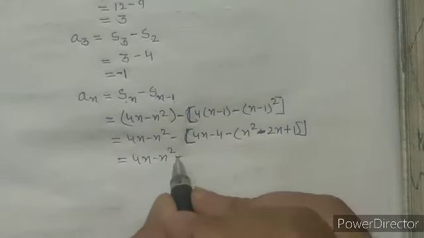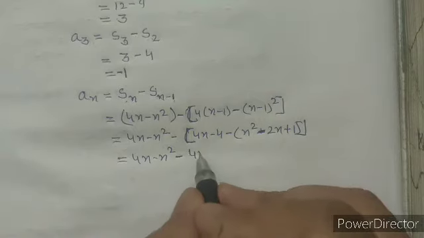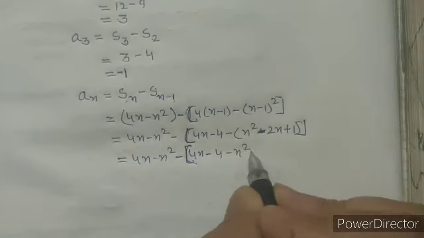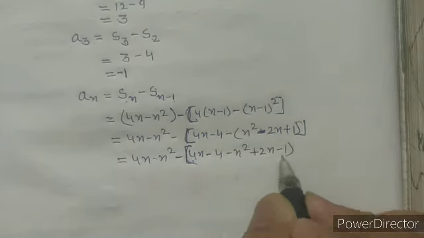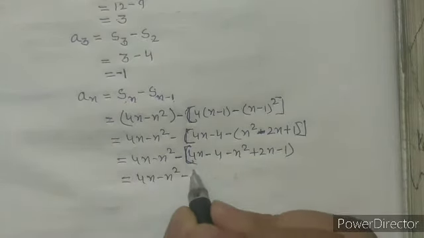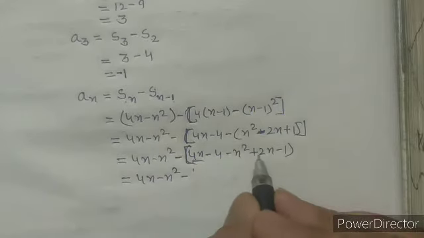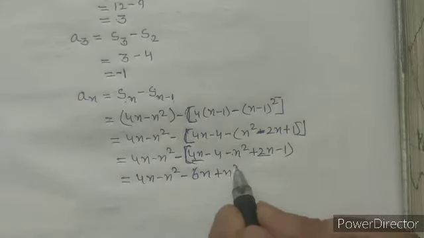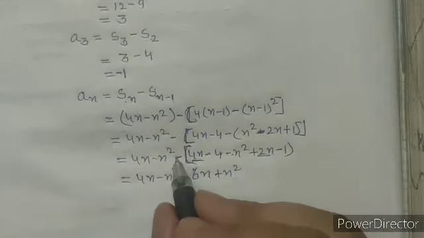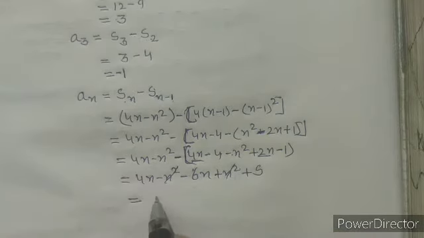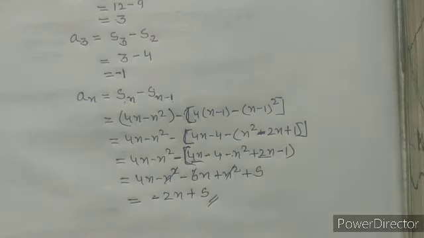That will give us 4n minus n square minus 4n minus 4 minus n square plus 2n minus 1, and this will be equal to 4n minus n square minus, now this 4n plus 2n will be 6n, so minus 6n plus n square, minus 4 minus 1 will be minus 5, and with the minus outside it will be plus 5, n square, and that will give us minus 2n plus 5. So this is our nth term.